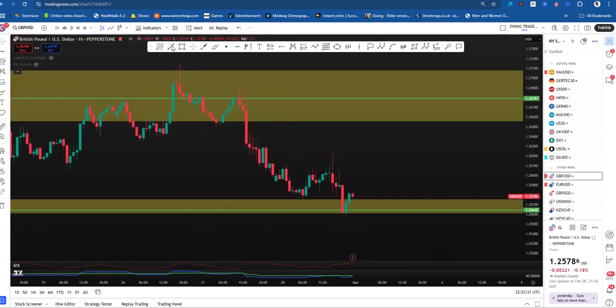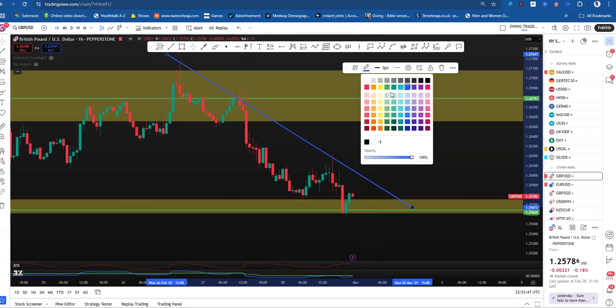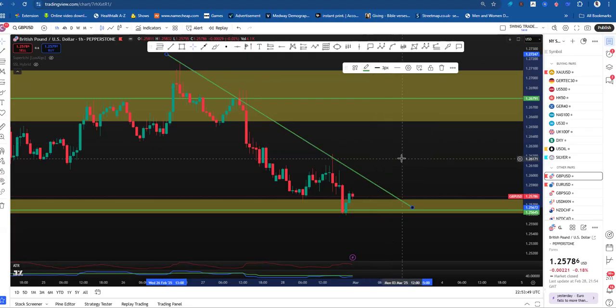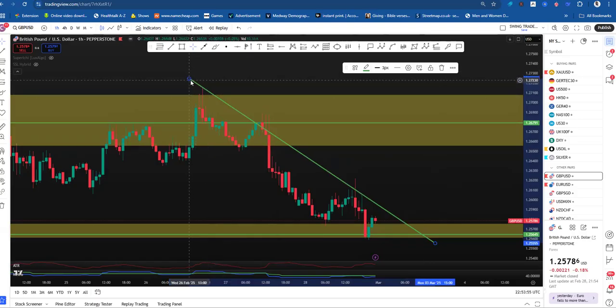You see this beautiful area of trend line. That's a trend line right there. It looks so faint, but let me make it thick so you can see it, and probably change the color as well. All right, we have a beautiful trend line here that I want you to pay attention to.